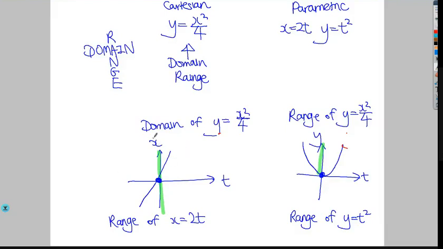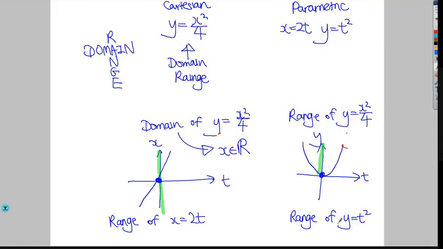So the range of x equals 2t, x against t, will represent the domain of y equals x squared over 4, and hence in this case the domain is all real numbers, and we'll write x is a member of all real numbers like that.